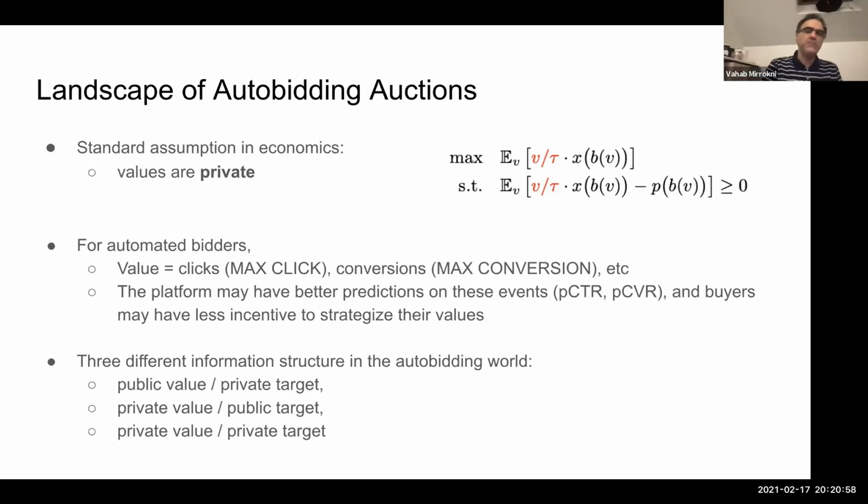We can assume basically we have both value and target as being private. We can assume that value is public actually and target is private, and the other way around, private value and public target. So we look at the optimal auction in these different environments.